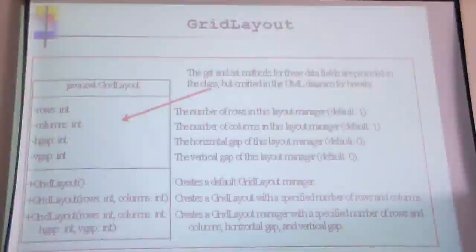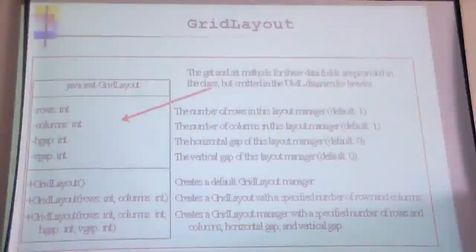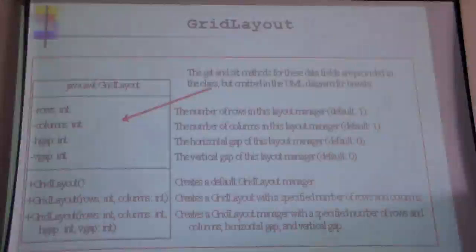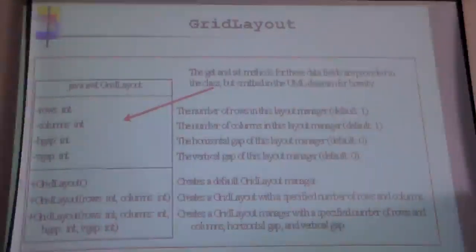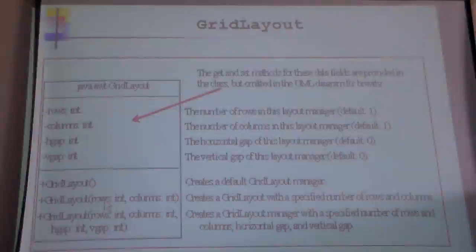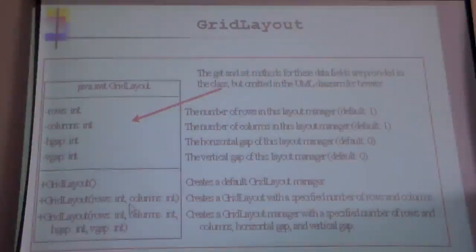So you see the descriptions for the constructor of this layout manager, which Java calls GridLayout. You can see three types of constructor. The first is the default, and the second, maybe you can define the row, which is an integer. There is no floating point in this matter.